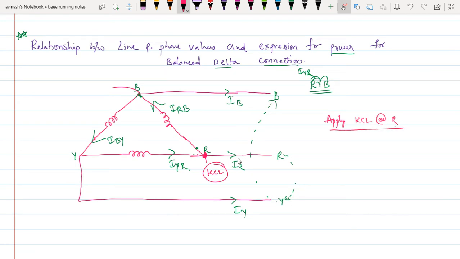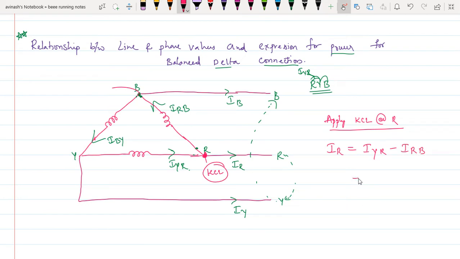From R, IR is leaving, so IR is equal to the incoming current IYR minus the leaving current, because the leaving current is always minus, IRB.